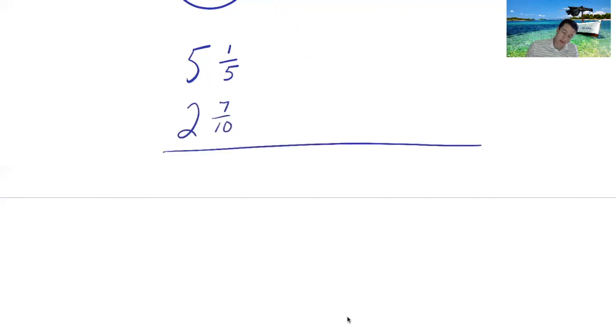Okay, so we're going to try to come along with the same style of numbers here, and this is where it gets tricky. Okay, well, not too tricky, but tricky enough. All right, let's say if we have 5 1/5 minus, we'll put a number like 2 7/10. Okay, and I'm going to keep the denominators simple so we can see that LCD right off the bat.